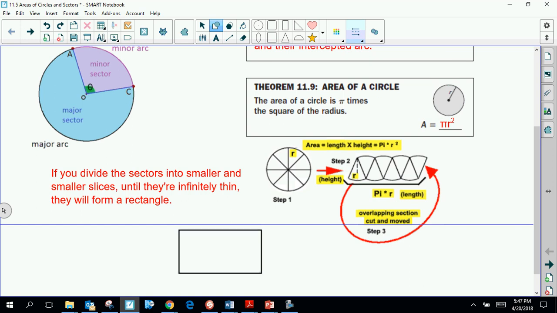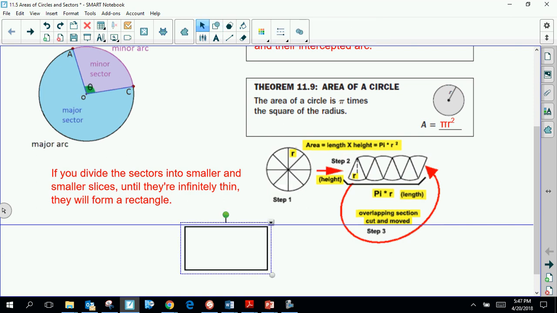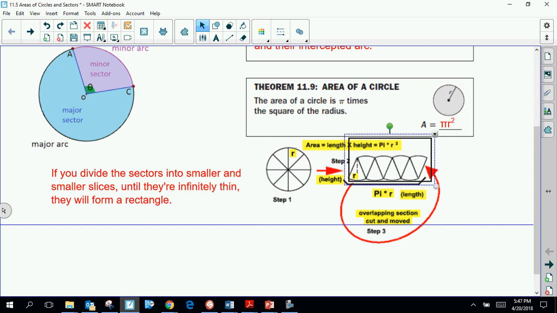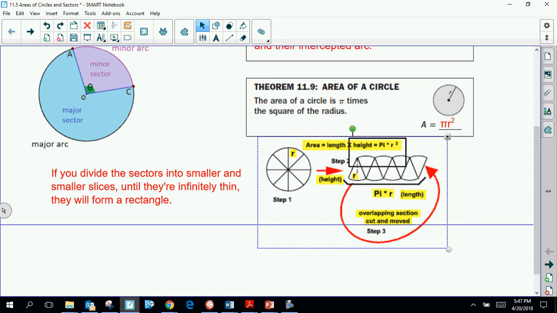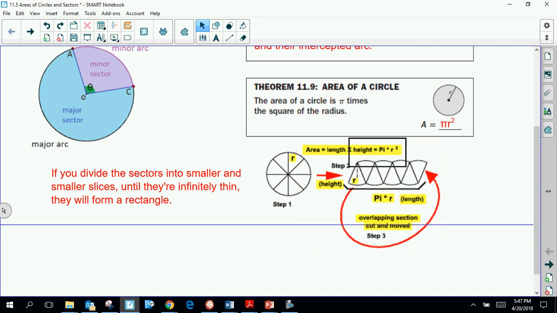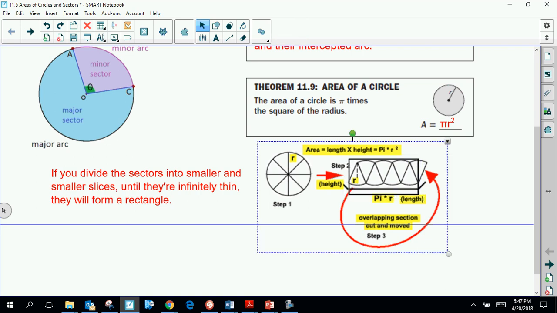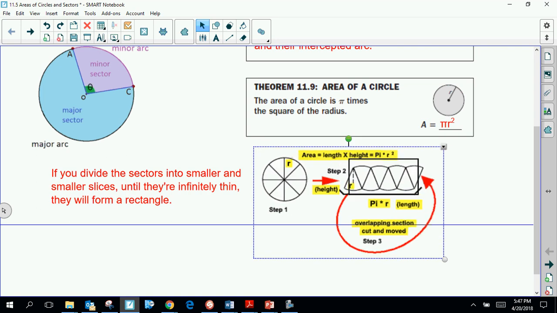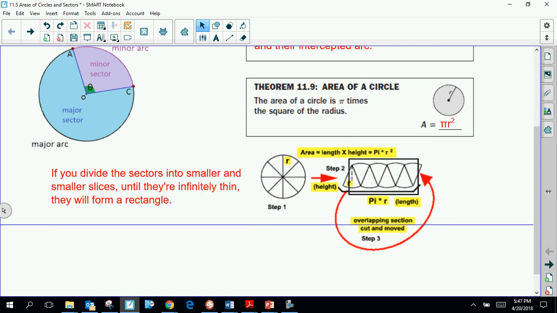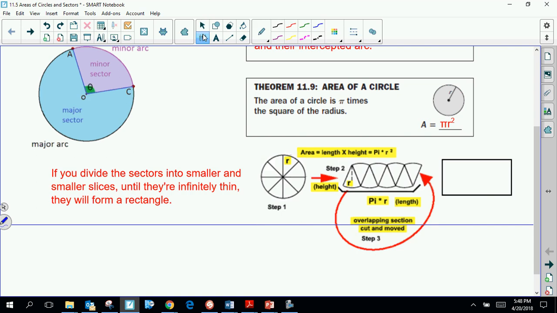Okay, so what we would do is divide those wedges up until they're infinitely thin, and we would be able to contain them in a rectangular shape. But the height of the rectangle that would be formed would be the radius of the circle.